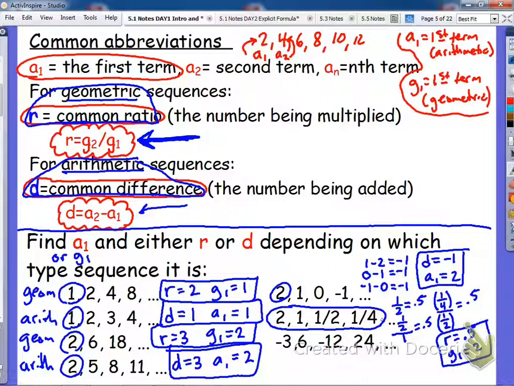I want to know what you multiply by. So dividing by 2 is the same as multiplying by the reciprocal of 2. The reciprocal of 2 is 1/2. So R is 1/2.